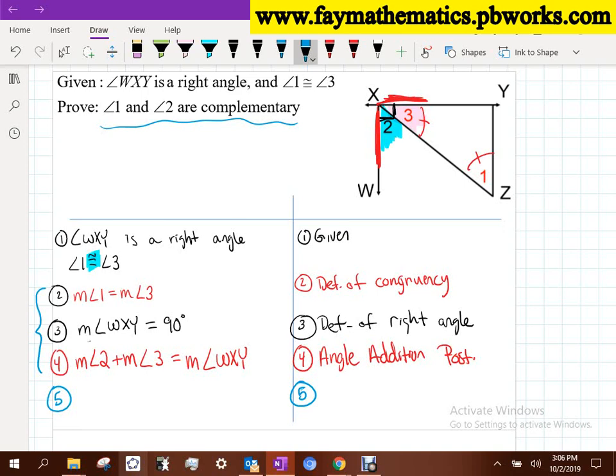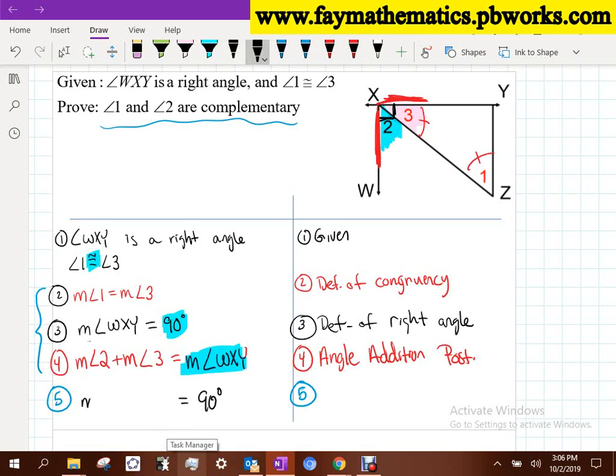Does that make sense? So you guys see that right here, measure of angle WXY, and that measure of WXY, we could replace those two things? So instead of saying measure of angle WXY, I'm going to say 90 degrees instead.